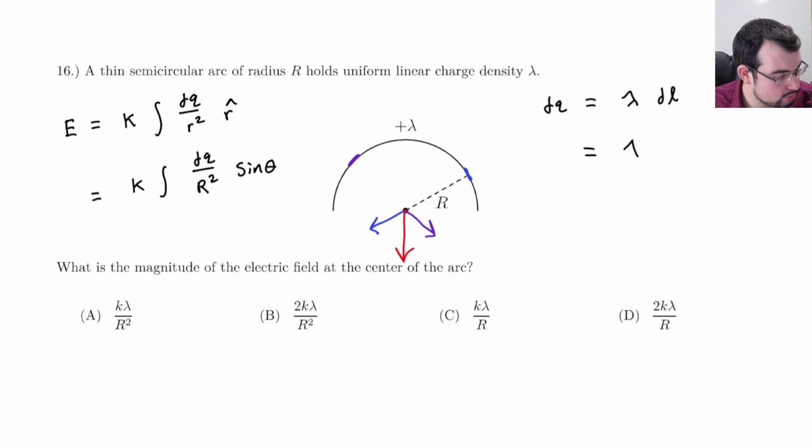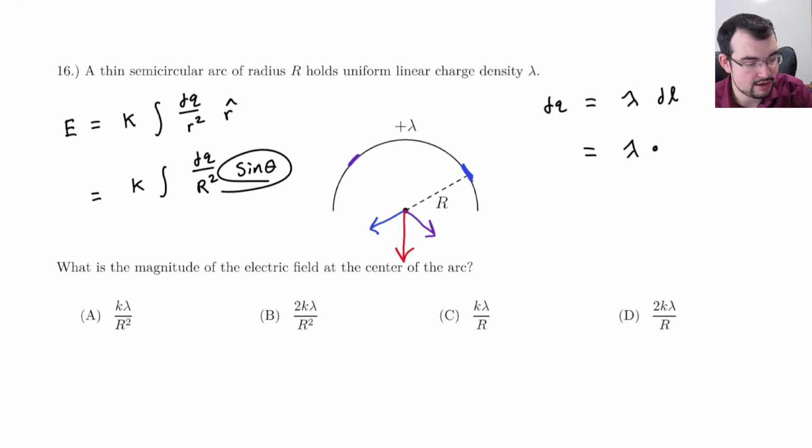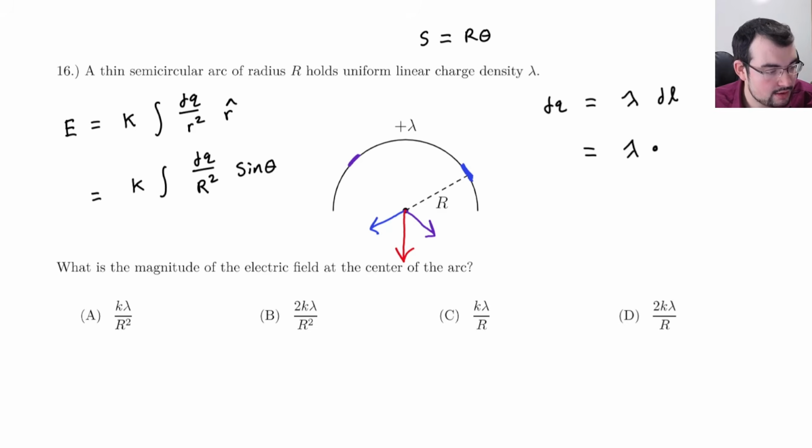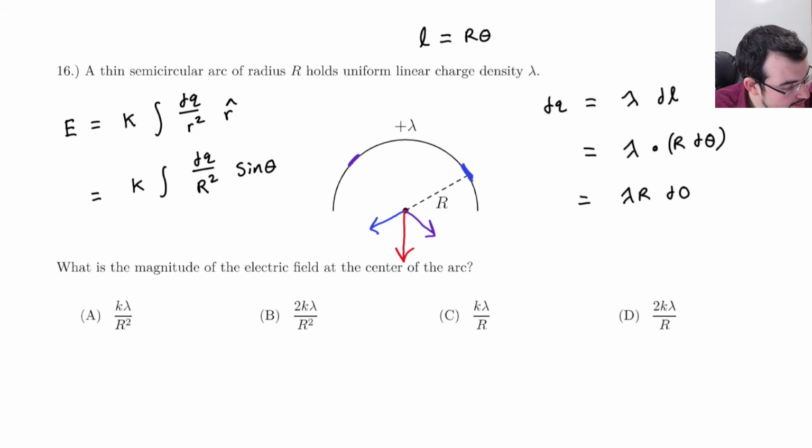One of the trickier parts of this problem is: what is dl? This is the distance along an arc, called arc length. If we have a theta here, how do I get arc length in terms of theta? Arc length is r theta, so dl would be r d theta. So we get lambda r d theta as our dq.